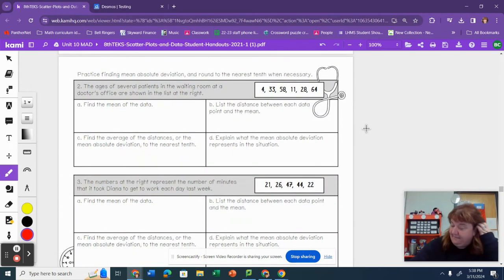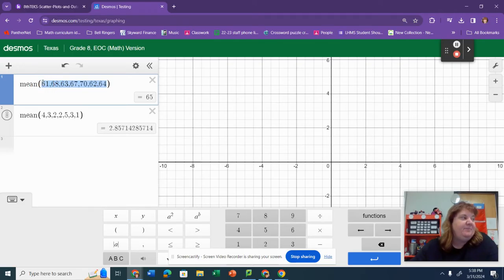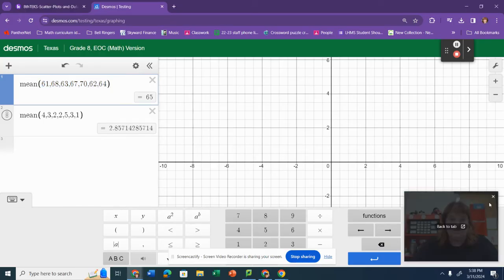Let's try it again. First, find the mean of the data. If I went too fast, I'm going to show it all to you again. Let's find the mean of the data. Okay, so we have, this is a bigger spread. This has a much higher range.